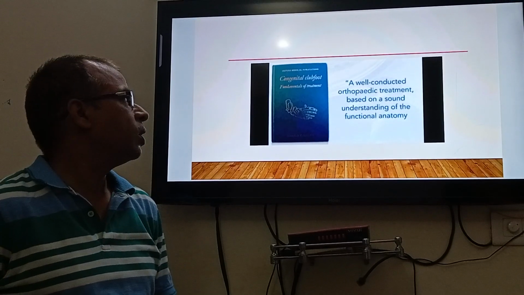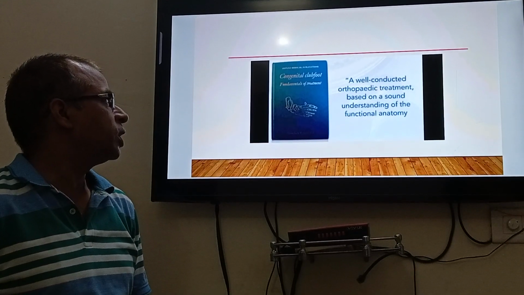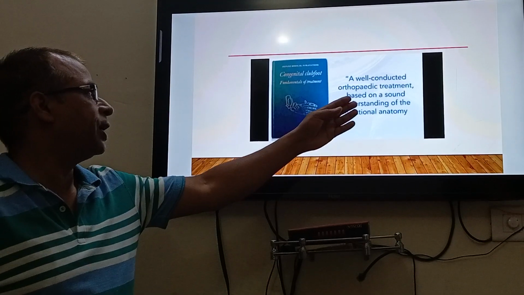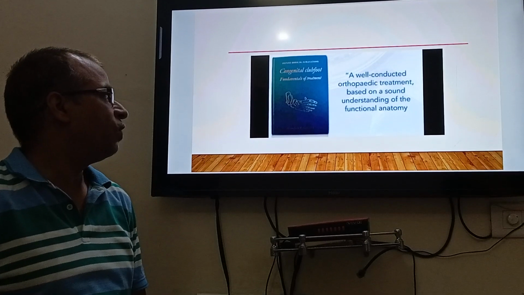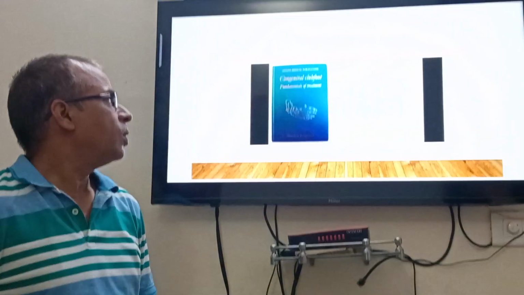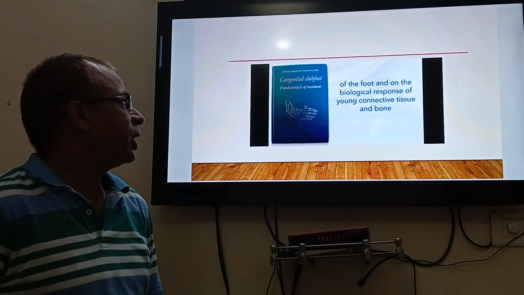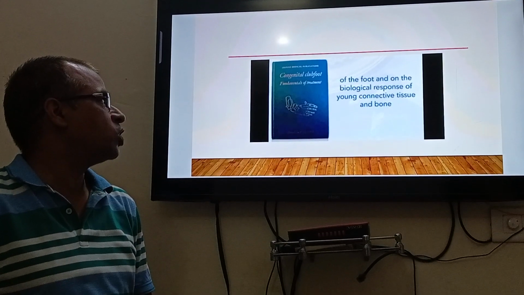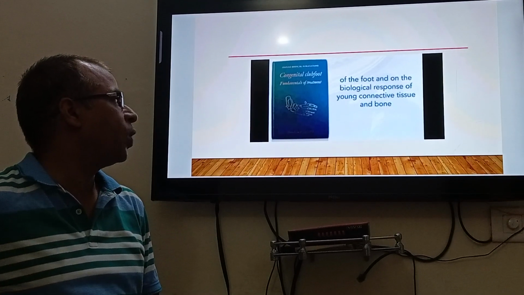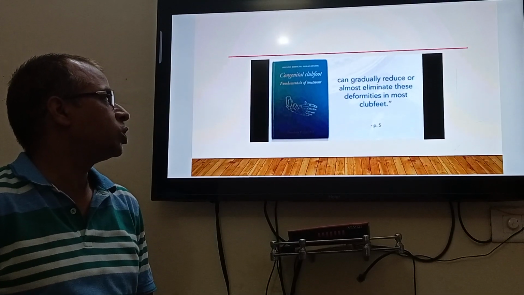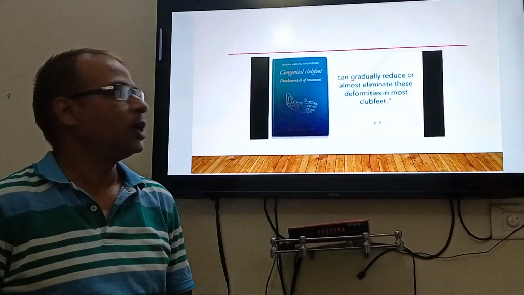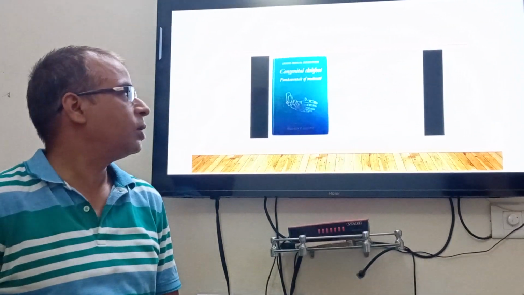According to Dr. Ponseti, a well-conducted orthopedic treatment based on a sound understanding of the functional anatomy of the foot and on the biological response of young connective tissue and bone can gradually reduce or almost eliminate this deformity in most clubfeet.